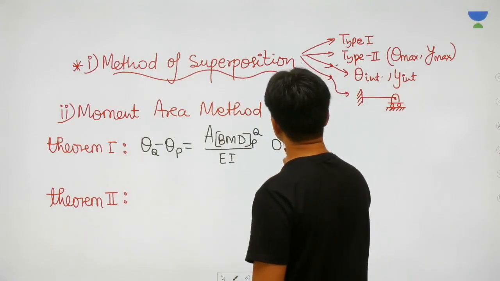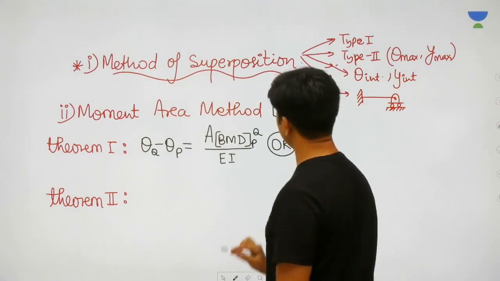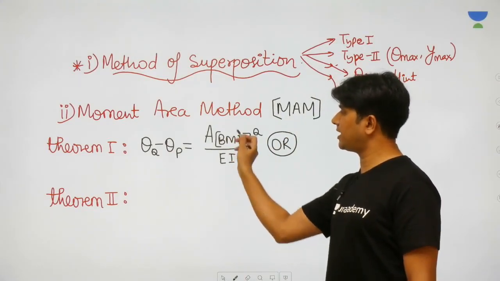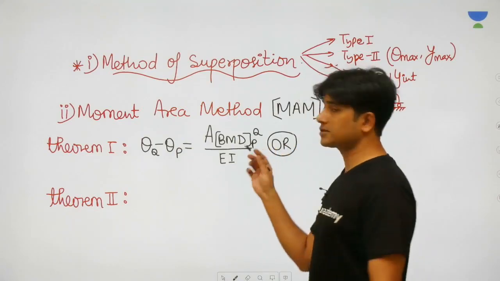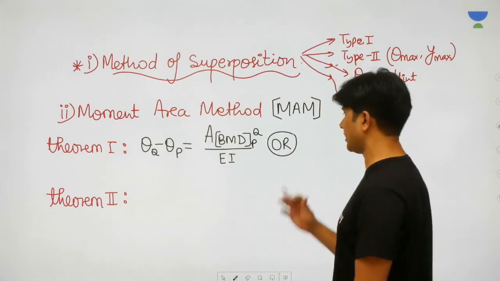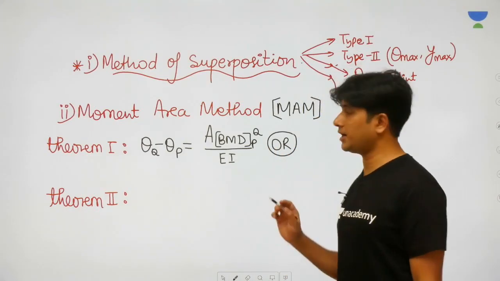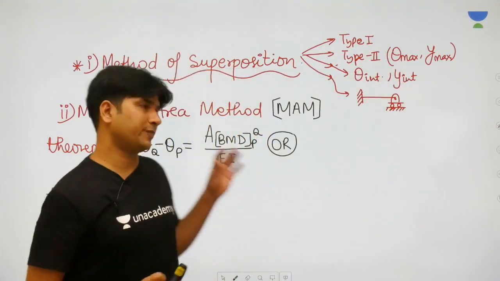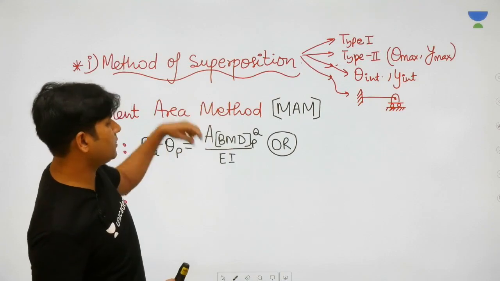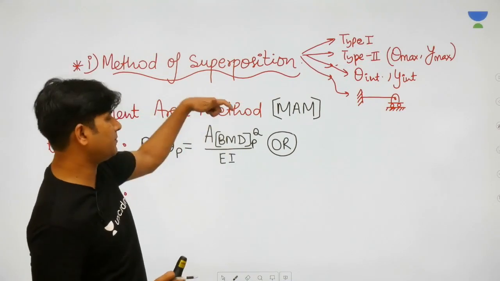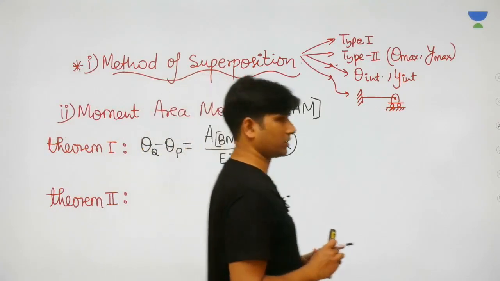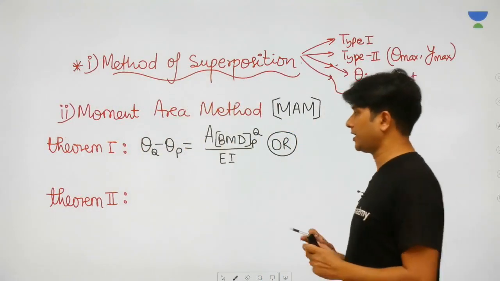But there is one more way to write the same thing. Sometimes we'll take this EI into the bending moment diagram itself and we'll construct a new kind of diagram that is called the M by EI diagram. So rather than dividing by EI separately, we'll divide by the EI values in the diagram itself, and we'll construct a modified bending moment diagram.